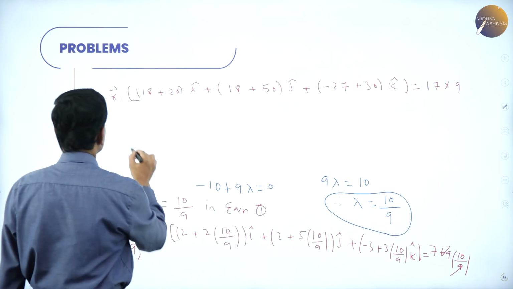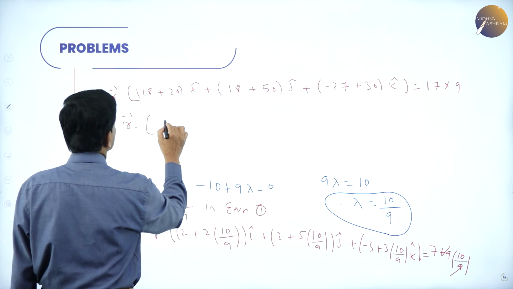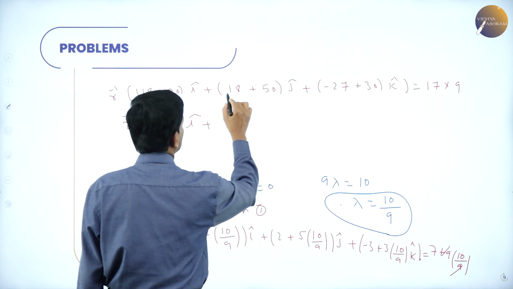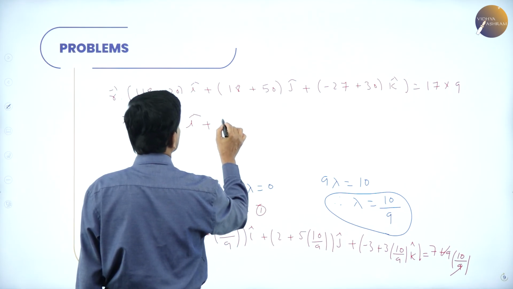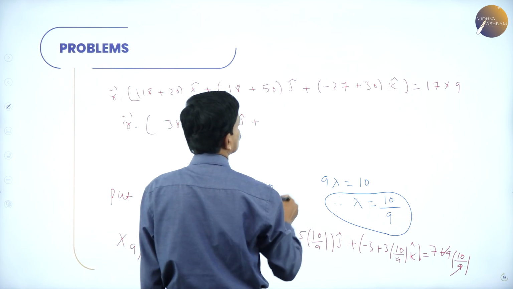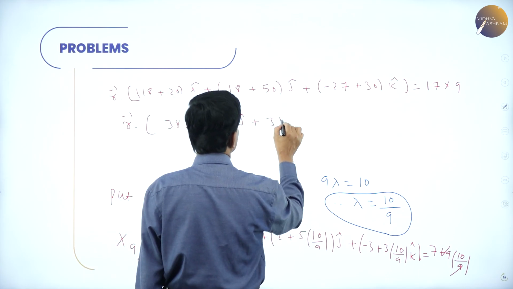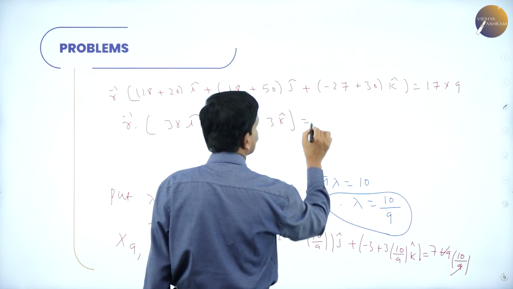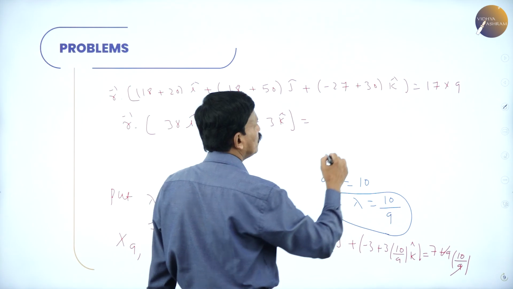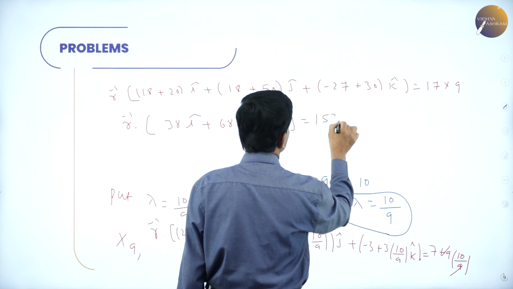So this is r dot 38 i plus 50 plus 18, which is 68, times j cap, 30 minus 27 is 3 times k cap, is equal to, multiply this: 17 into 9 is 153.